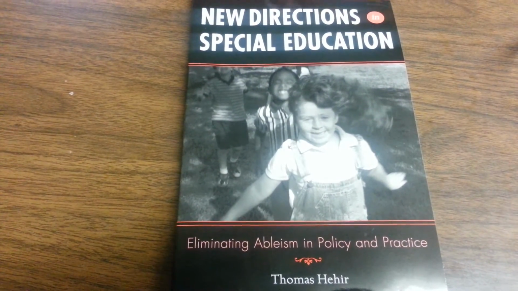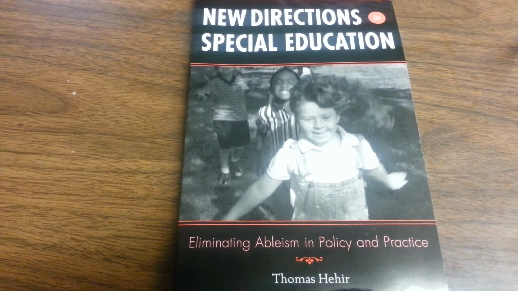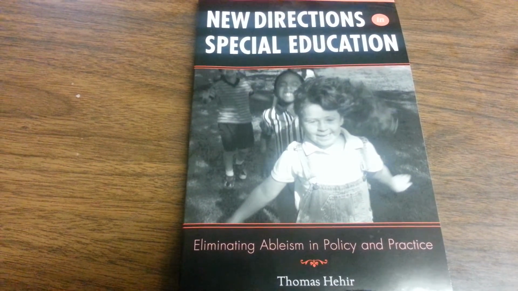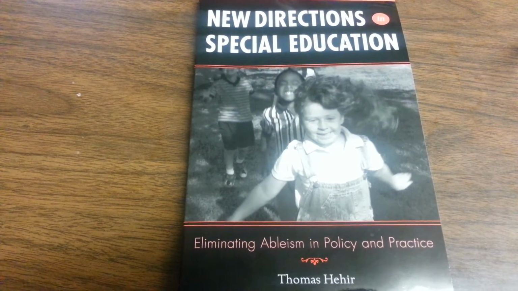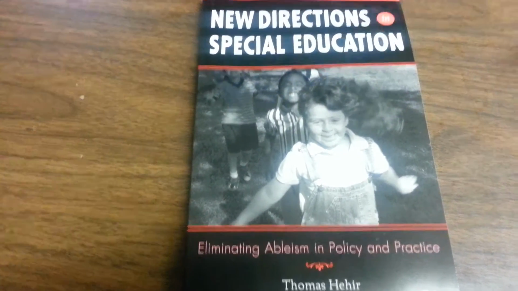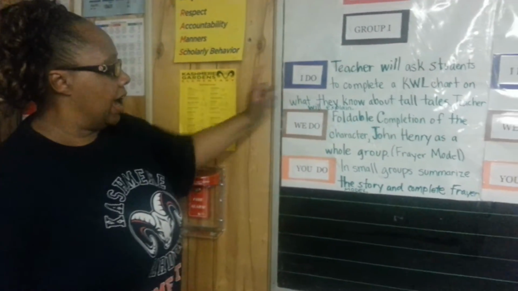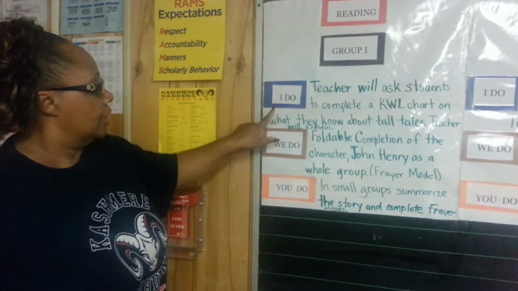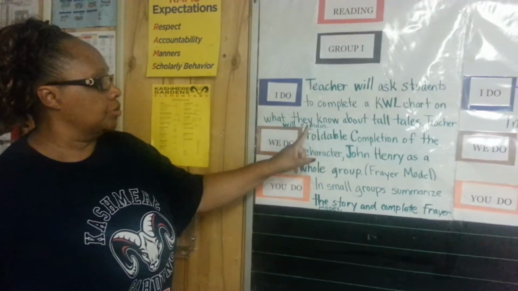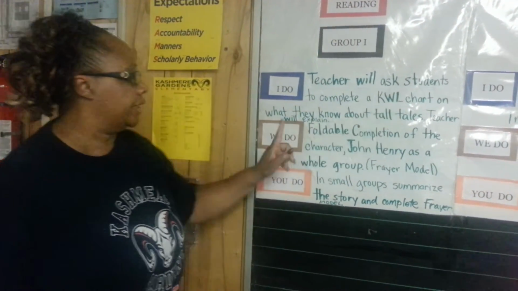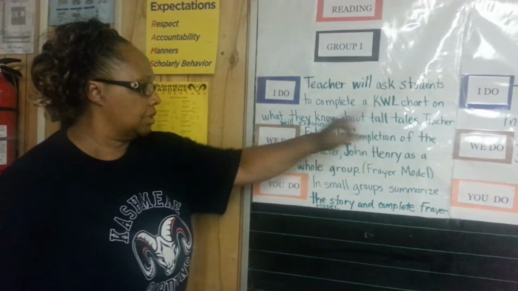At this time, before we go into the lesson, I would like to show you a poster that we use, which surprisingly is a UDL adaptation. A reading I do, you do, we do chart. First thing, I would have the children observe. Teacher will ask students to complete a UDL chart on what they know about tall tales.